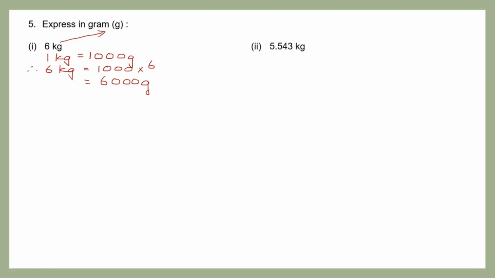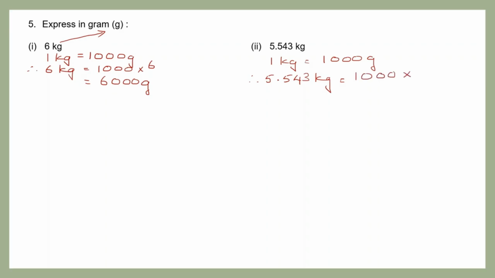2. 5.543 kilograms, we are going to convert it to grams. So let's write 1 kilogram equals 1000 grams. Therefore, 5.543 kilograms, we need to convert this. To convert, we multiply this number by 1000.